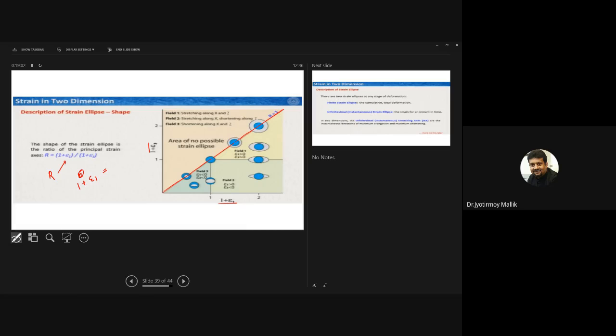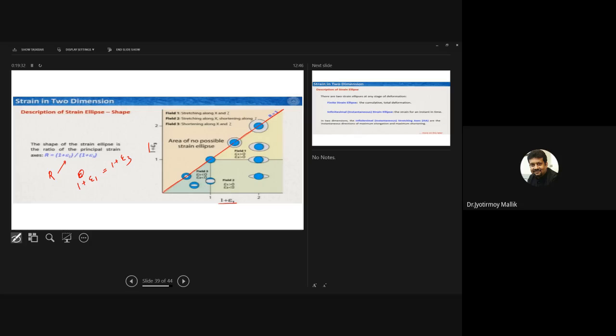So r equals 1 indicates that epsilon 1 and epsilon 3 are equal. That means a circle gets reduced or enlarged to another circle.